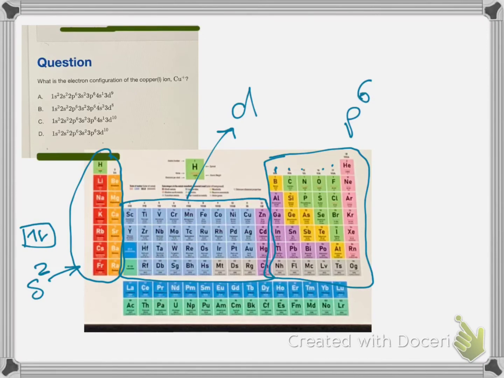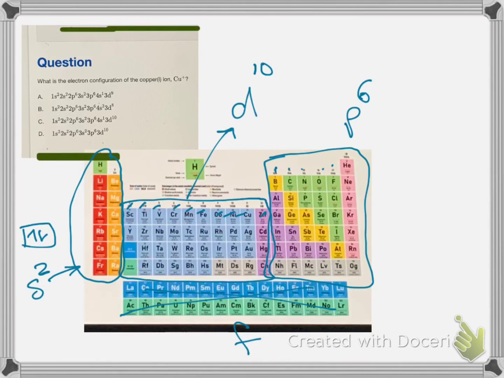D has 10 groups, 10 electrons, so the maximum is 3d10. F, however, we could ignore since it's very rare to come up with a problem with these two rows. They are the f block.